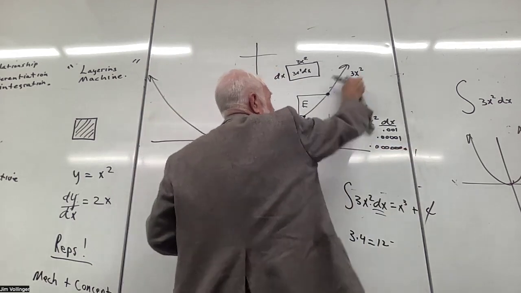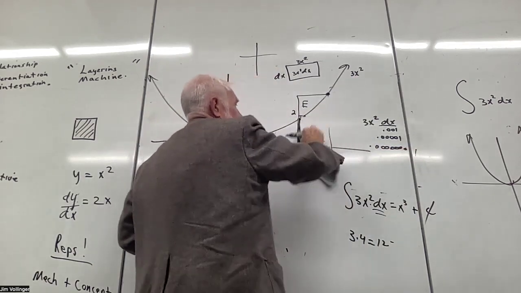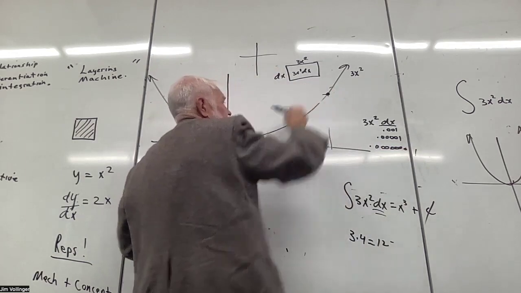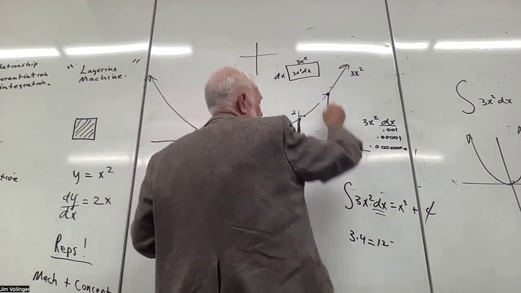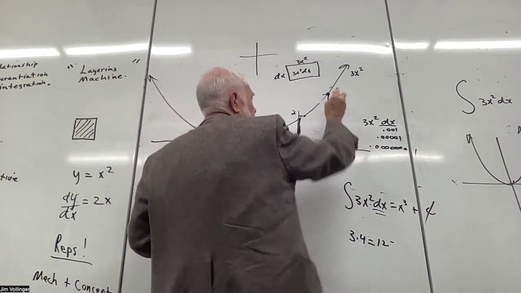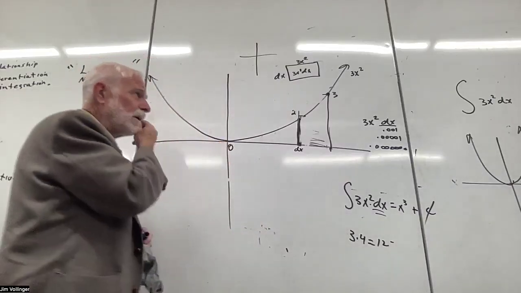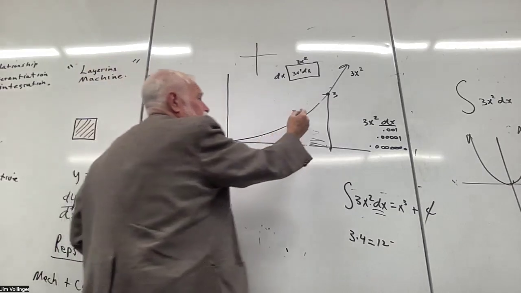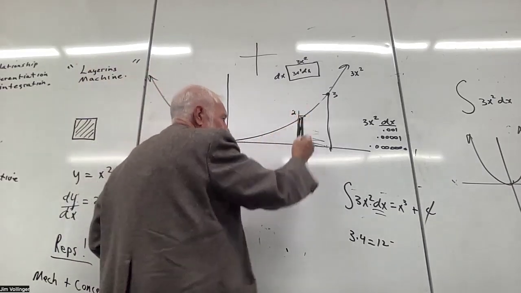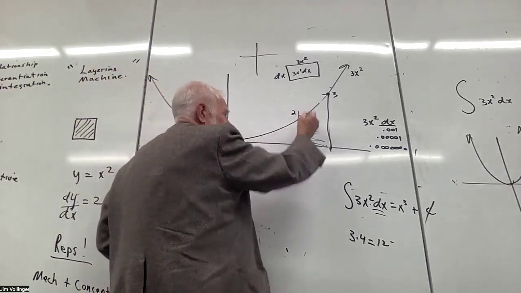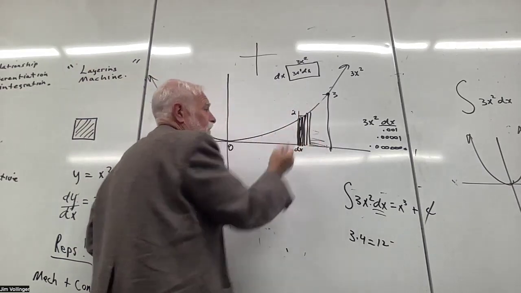But now let's go back to calling this 2, and let's actually call this 3. Now, this is not drawn to scale, right? Obviously, 0 is over here. But couldn't I just do layer after layer after layer? And of course, my height's not 12 anymore.